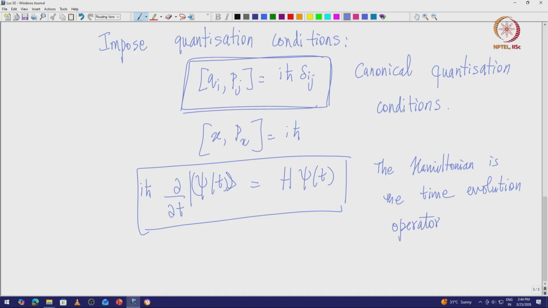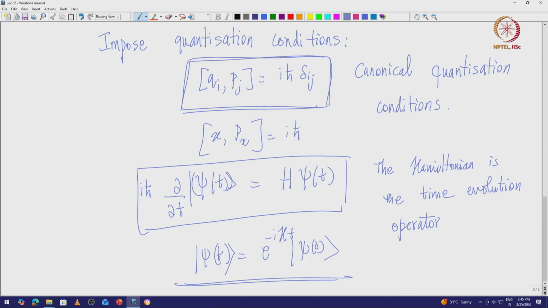You can solve this equation. A formal solution is e to the power minus i H t acting on psi of 0. We all know this is the time evolution of a state: at time t equals 0 it is psi of 0, and at time t it is given by e to the power minus i H t.